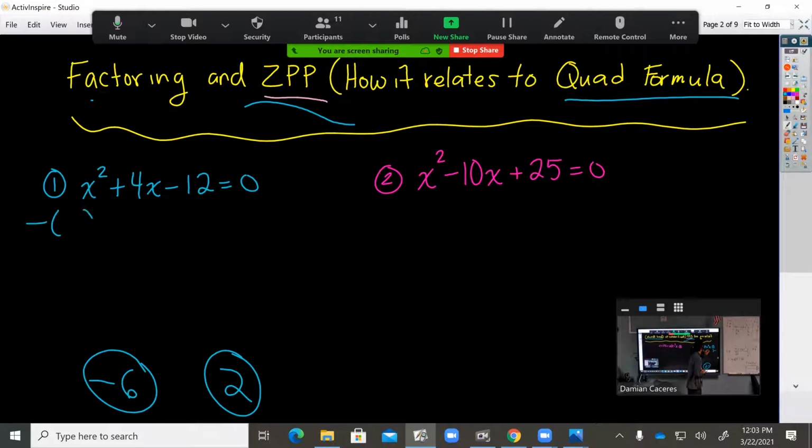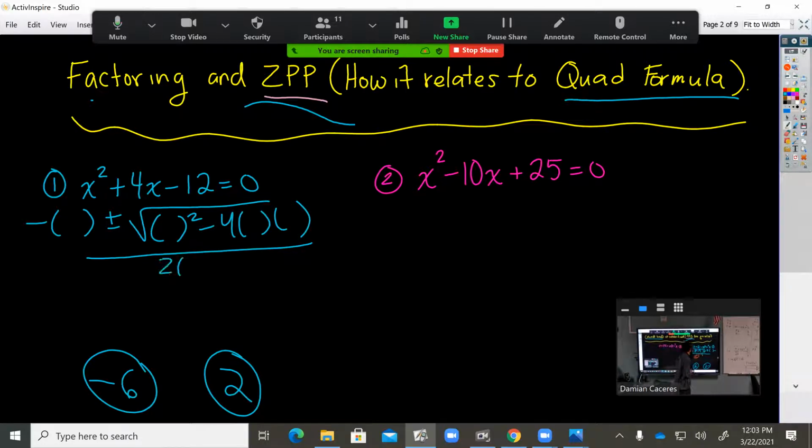For example, -b plus or minus the square root of b squared minus 4 times a times c, all over 2a. What I just did is put a parenthesis whenever I said a, b, or c. It makes it a lot easier to plug in.